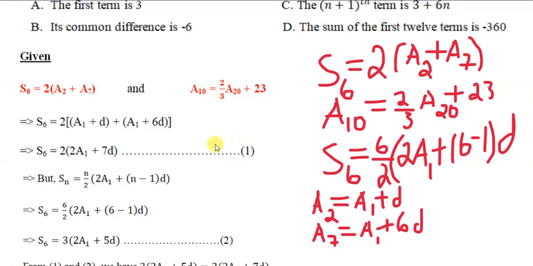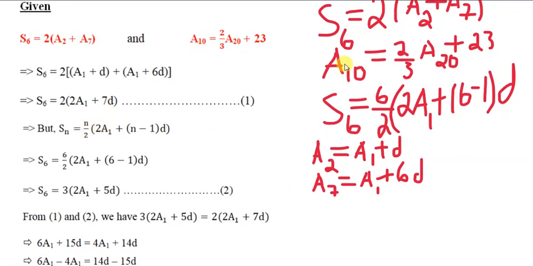Call it equation 1. Also, from the sum, we know that Sn is equal to n over 2 times 2A1 plus n minus 1 times d. The sum of the first 6 terms gives S6 equal to 6 over 2 times 2a1 plus 6 minus 1 times d. 6 divided by 2 gives us 3, and 6 minus 1 gives us 5, so we have 3 times 2a1 plus 5d.